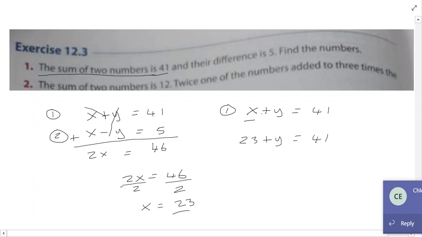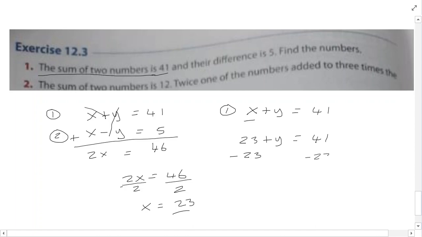Now, we want to get y on its own. We can see that we have the number 23, and it's plus 23, so we have to get rid of it. In order to get rid of it, we have to subtract 23. If we subtract 23 from this side, we have to subtract 23 from the opposite side as well.